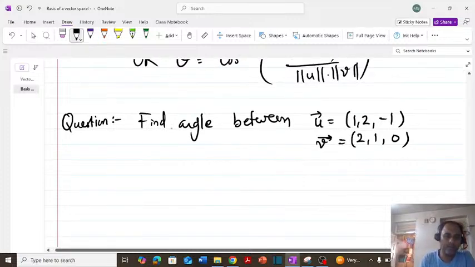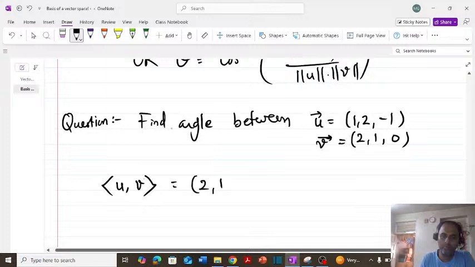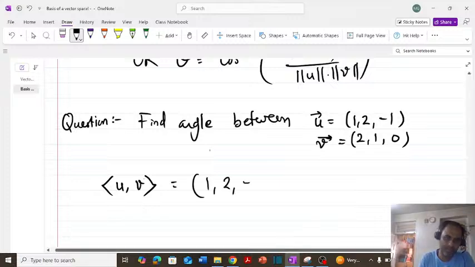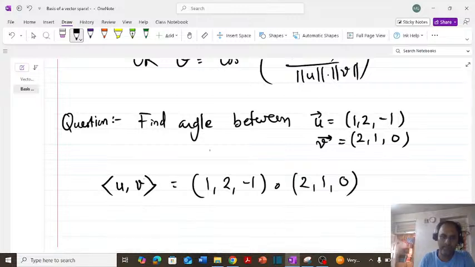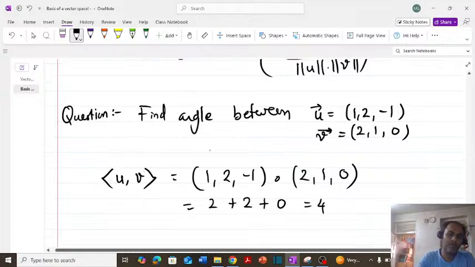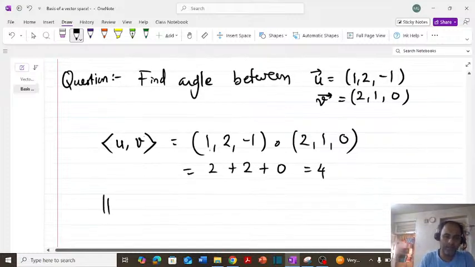So first the inner product we will calculate. So u dot v is 1 2 minus 1 dot 2 1 0. So that's going to be 2 plus 2 plus 0, that is 4. Then you calculate norm u.